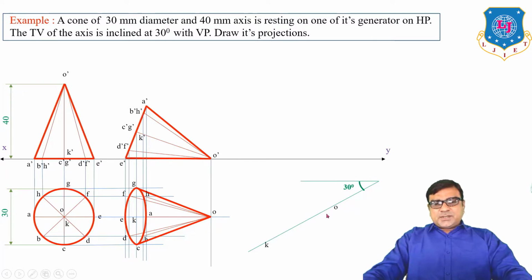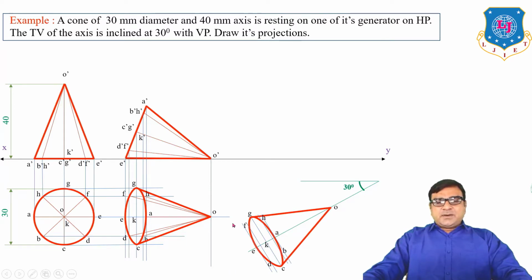So put OK first, and by using the arc method or box method, draw this view again here. So what is the difference between these two top views? In this, the top view of the axis is parallel to VP, but here the top view of the axis is inclined 30 degree to VP.